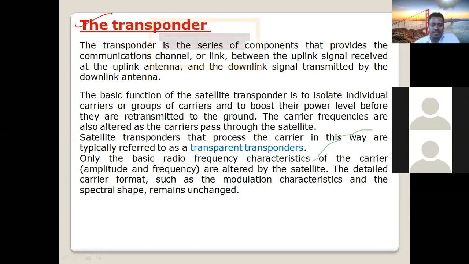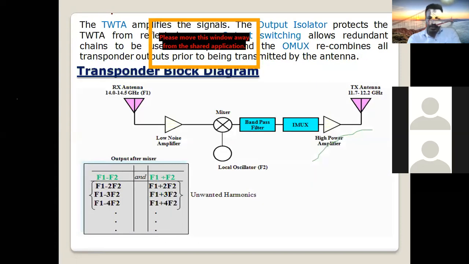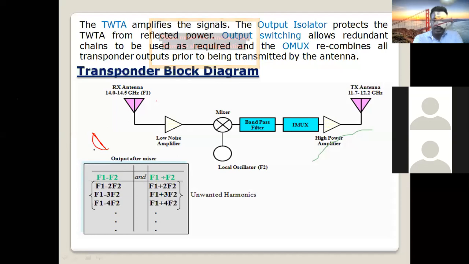It's the heart of the satellite system. Let's start from the satellite transponder block diagram. So here we have the antenna. We'll come to that, which receives signal from the ground earth station using uplink frequency. There is a receiver antenna.